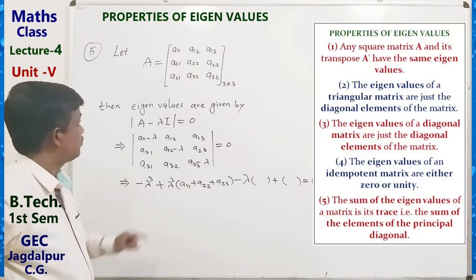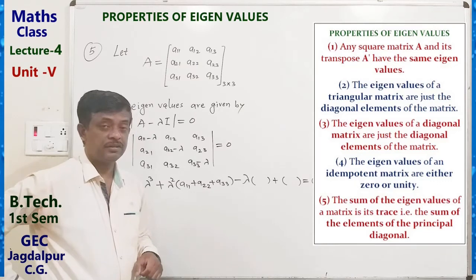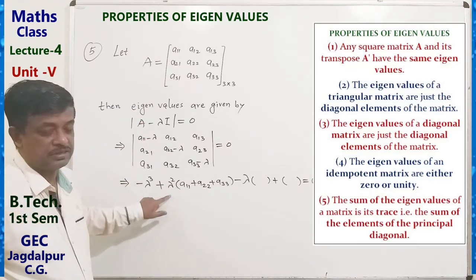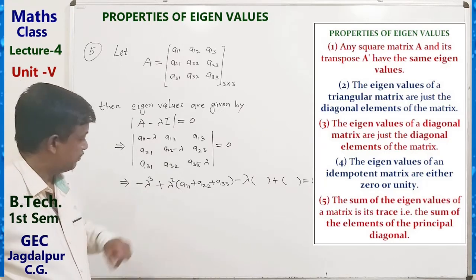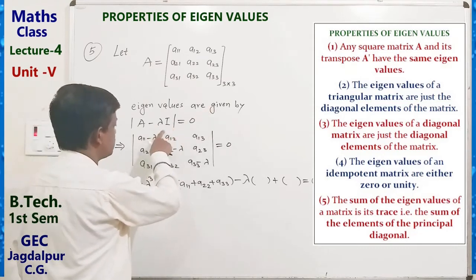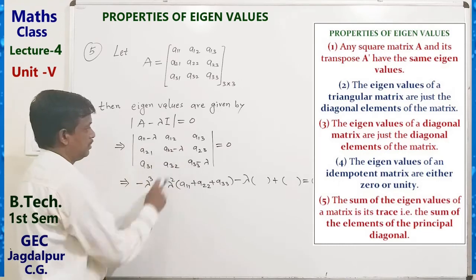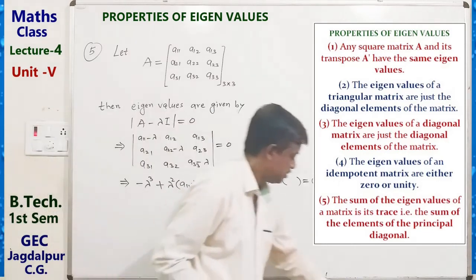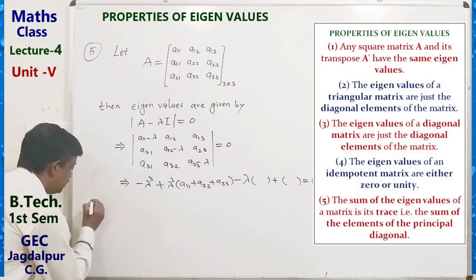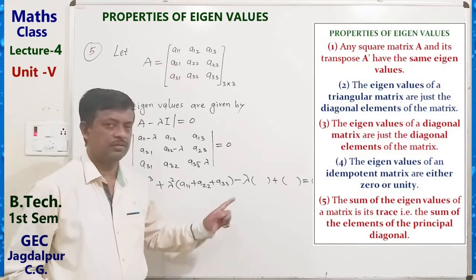Now, just for proving it, we can use only the left hand side. So here eigenvalues are given by this, where we know its roots are eigenvalues.